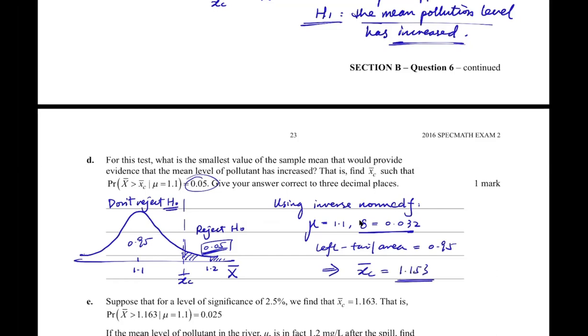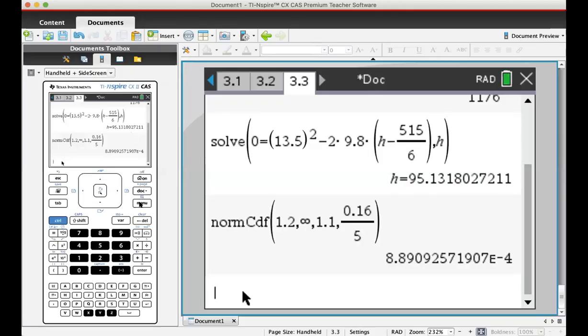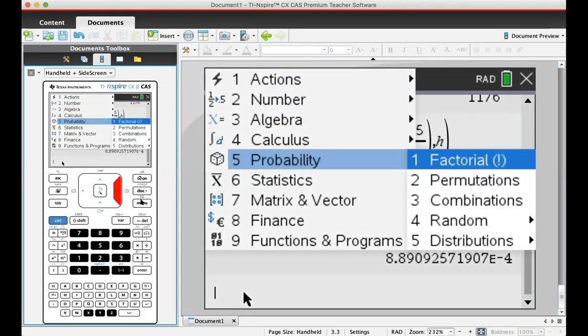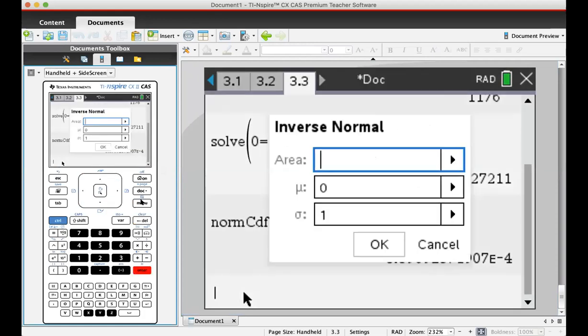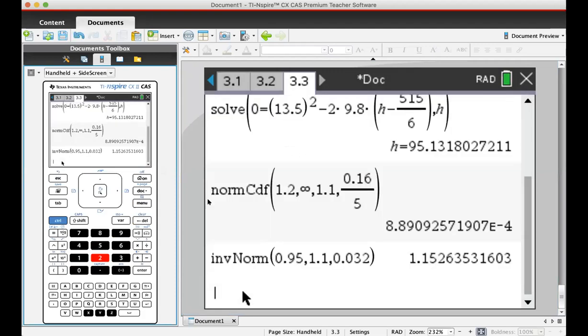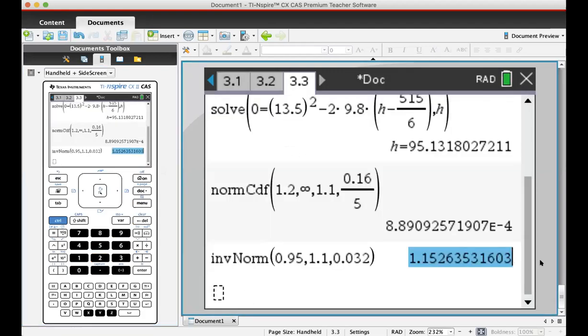1.153, okay? Let me show you how you can obtain this answer. Menu, probability distributions. Inverse normal, area is 0.95. The left tail, okay? And 1.1, 0.032. That's it.